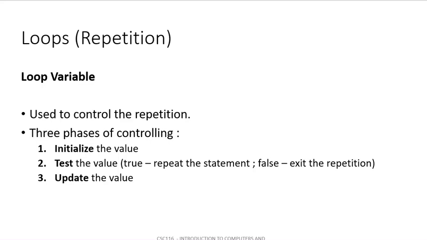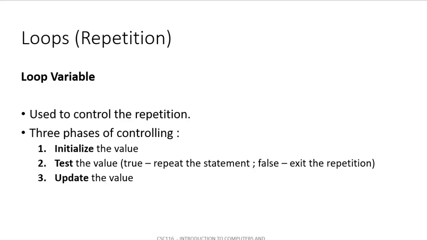There are 3 phases to control the variable. First, you must initialize the value. Kita mesti letak nilai awalan untuk variable tu. Second one, test the value. Check nilai tu berapa. True to repeat the statement, false to exit the repetition.